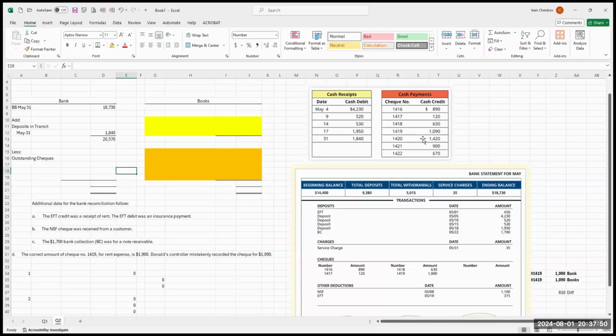So which checks are left? We have three checks left: 1420, 1421, and 1422.